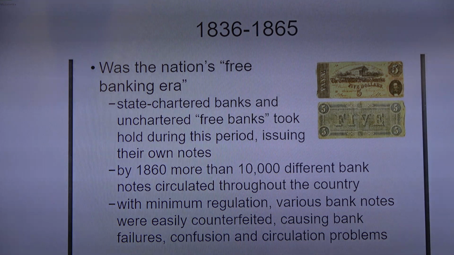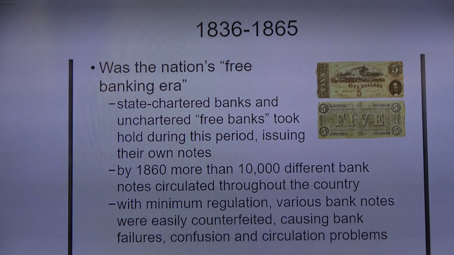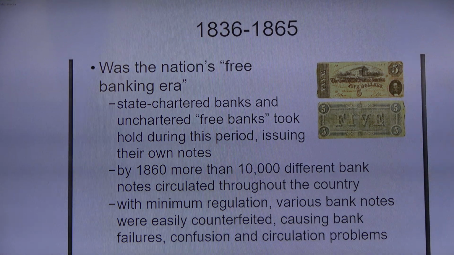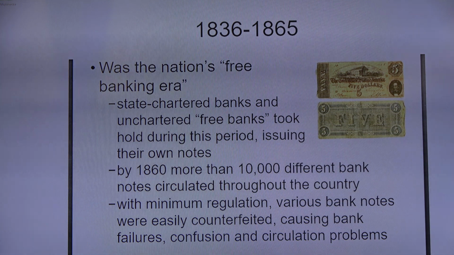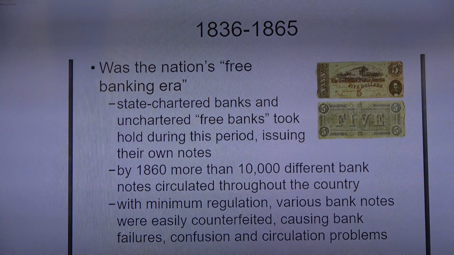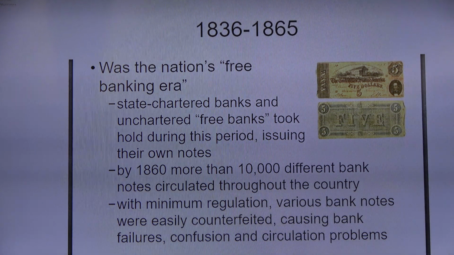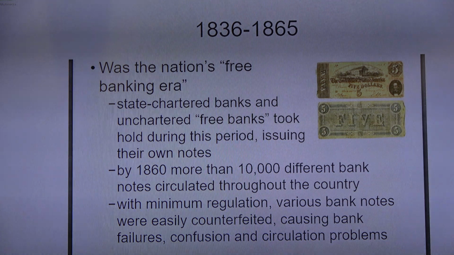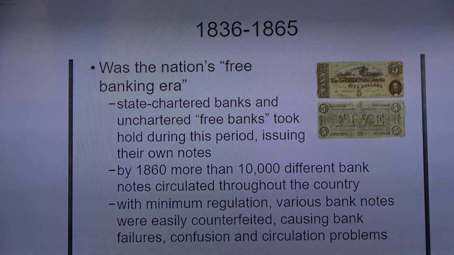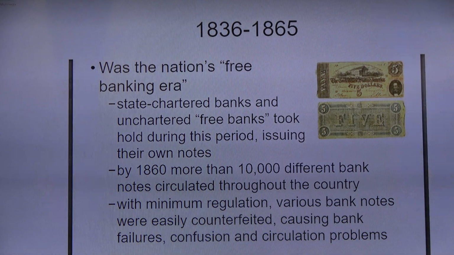Basically, a state would open up a bank, and maybe even somebody that didn't get a charter. You have to get a charter to open a bank. You have to go through a lot of different government regulations in order to open a bank. So some people were opening banks without even getting chartered. What happened is that they just issued their own kind of notes.